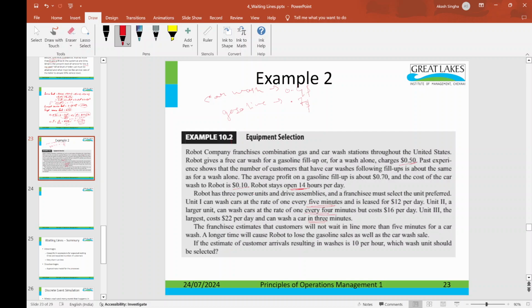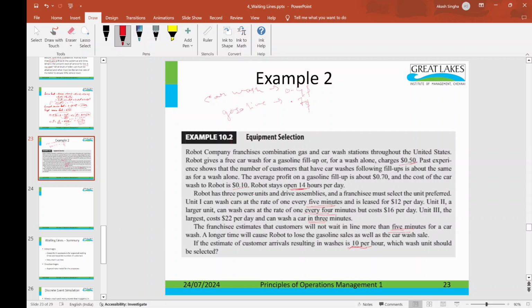The franchise estimates that customers will not wait in line more than 5 minutes. Waiting in line cannot be more than 5 minutes, and a longer time will cause the robot to lose the gasoline sales as well as the car wash sales. The estimate of customer arrival rate is 10 per hour.